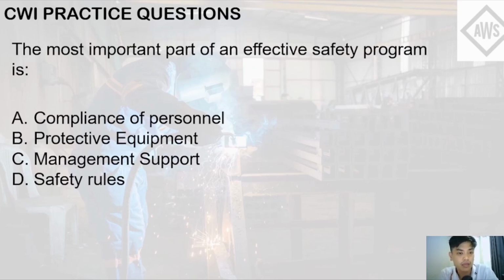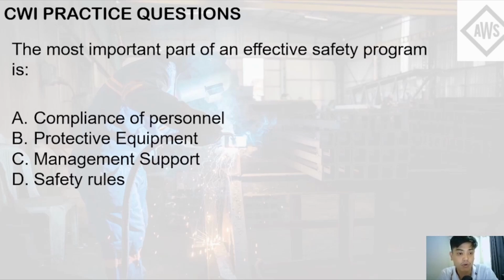Letter C, management support. Like any other programs, maybe it's safety, quality, etc., management support is important for everyone's buy-in and compliance for an effective safety program. Safety rules is basically what entails that safety program, so the rules and regulations and what consists of the program itself.